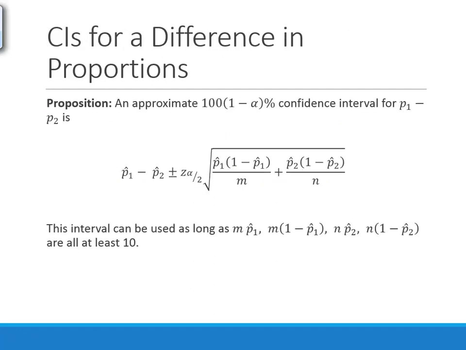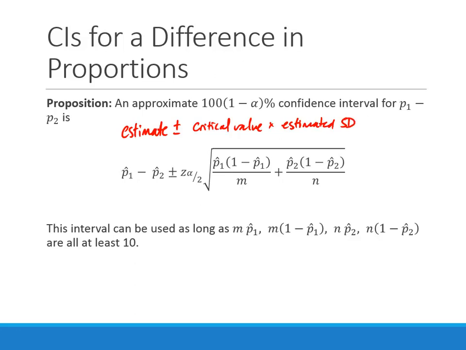Figure out how we can do a confidence interval. Now this formula will look a little more similar to that standard deviation calculation that we did. So if I want a 100 times 1 minus alpha % confidence interval for the difference, again I'll take the same structure here. I'll take my estimate plus or minus a critical value times the estimated standard deviation.